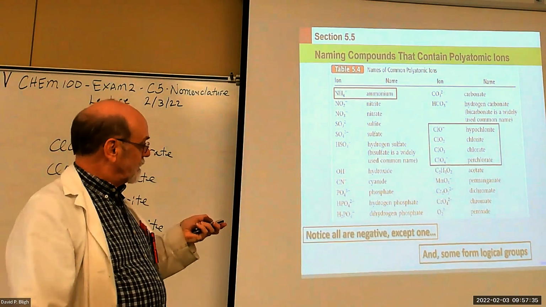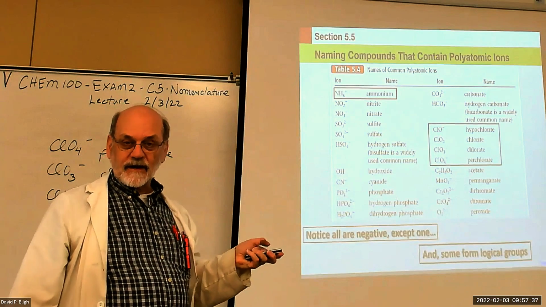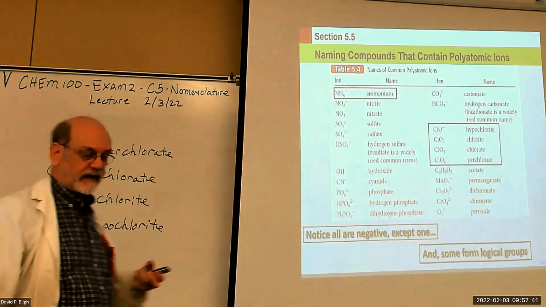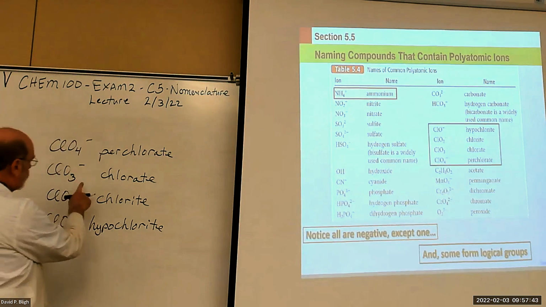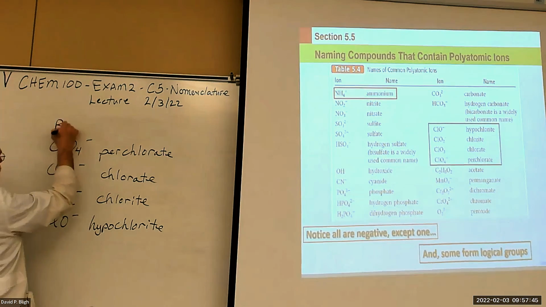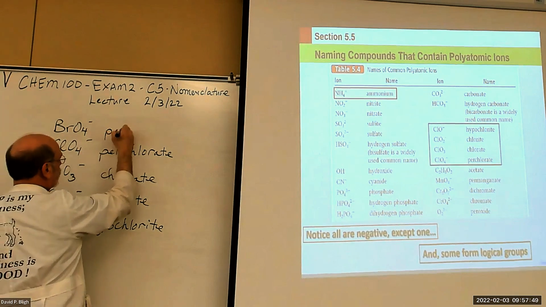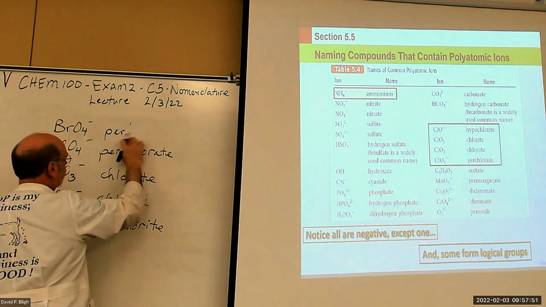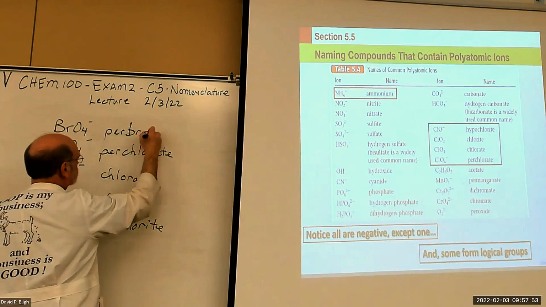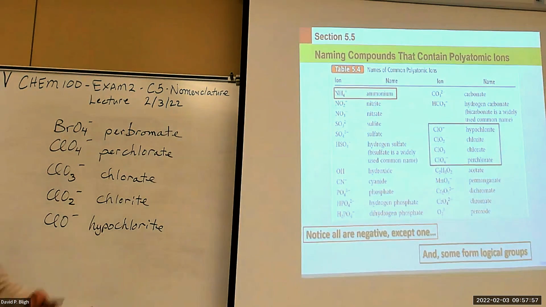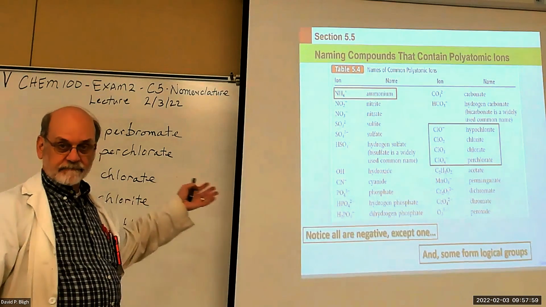And this is a halogen. You can substitute another halogen in here. Say bromine. If you substitute bromine in this one, we would call this bromate. Okay, you can do that for each one of these.